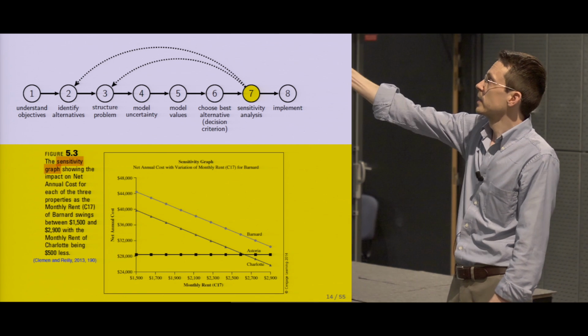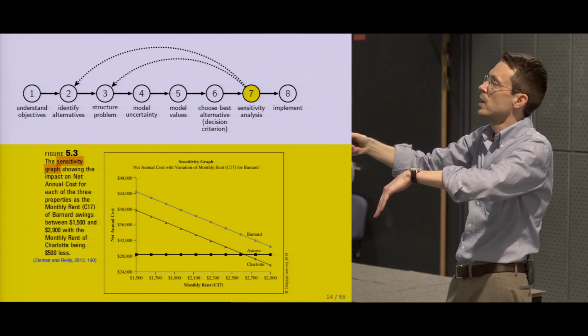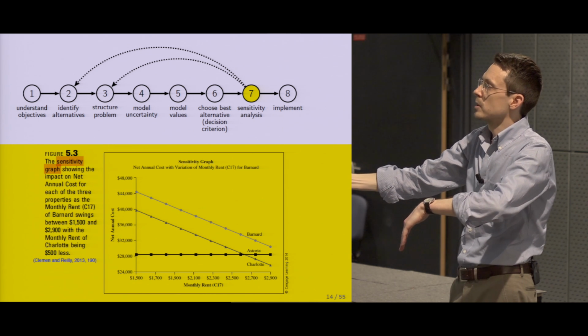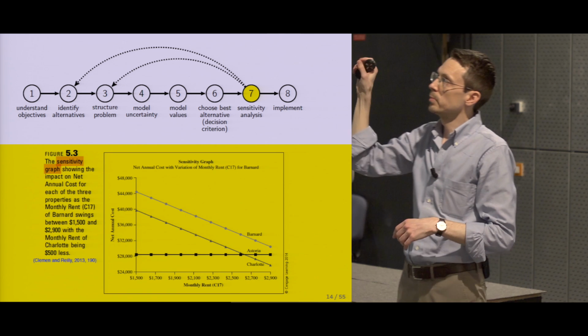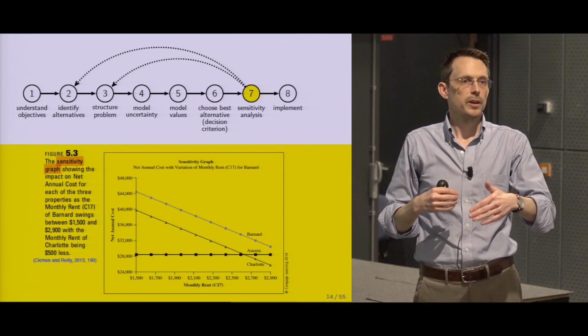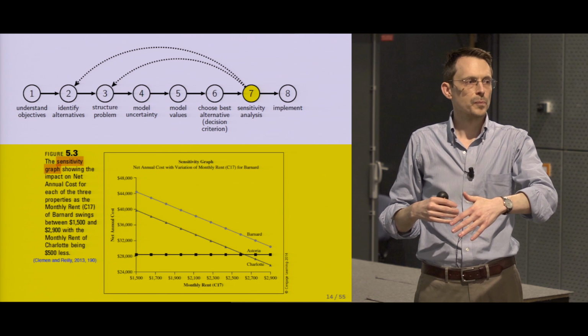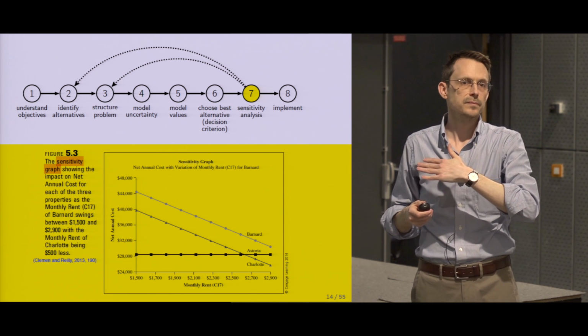The other thing that can happen is looping back into a previous step of the process, having identified that some uncertainty matters, putting that, for example, back into the problem structure by adding it to the state space, quantifying uncertainty over it, and feeding that back through the decision criteria.